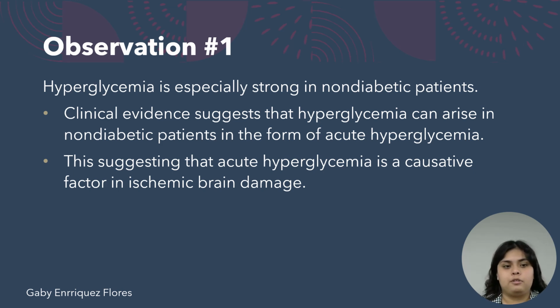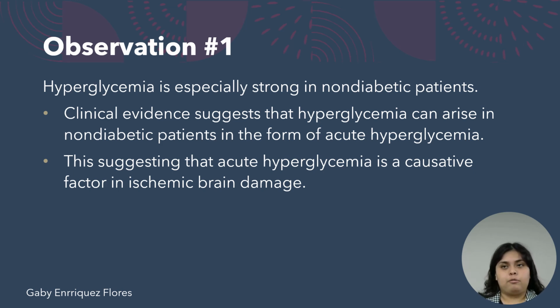And as Ember described before in the background knowledge, hyperglycemia is the rise of blood glucose levels, and it's mostly present in diabetic patients, but clinical evidence suggests that hyperglycemia can arise in non-diabetic patients in the form of acute hyperglycemia.